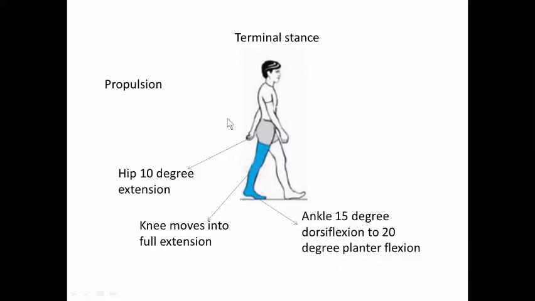Remember, in the previous phase, there was 15-degree dorsiflexion. Now it has become 20-degree plantar flexion. In this phase, the prime mover is gastrocnemius, as the gastrocnemius is preventing the knee from going into extension.